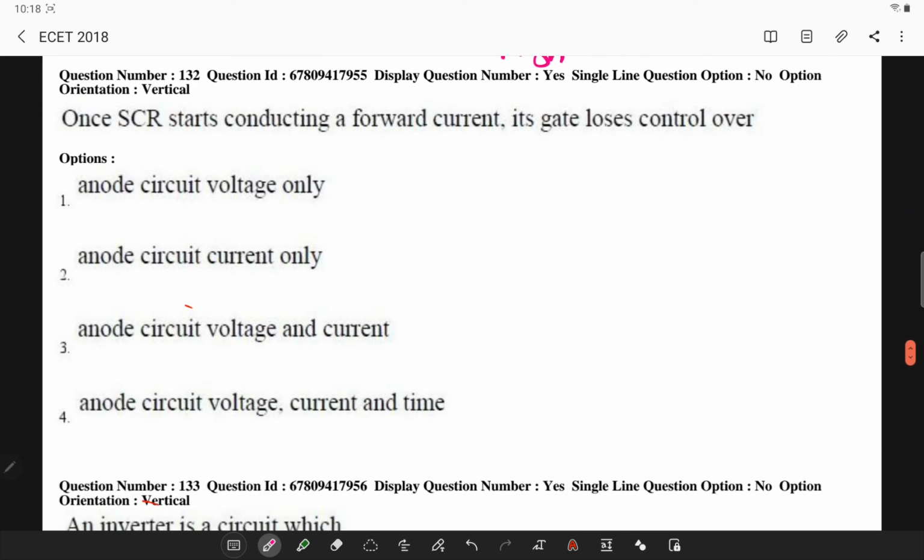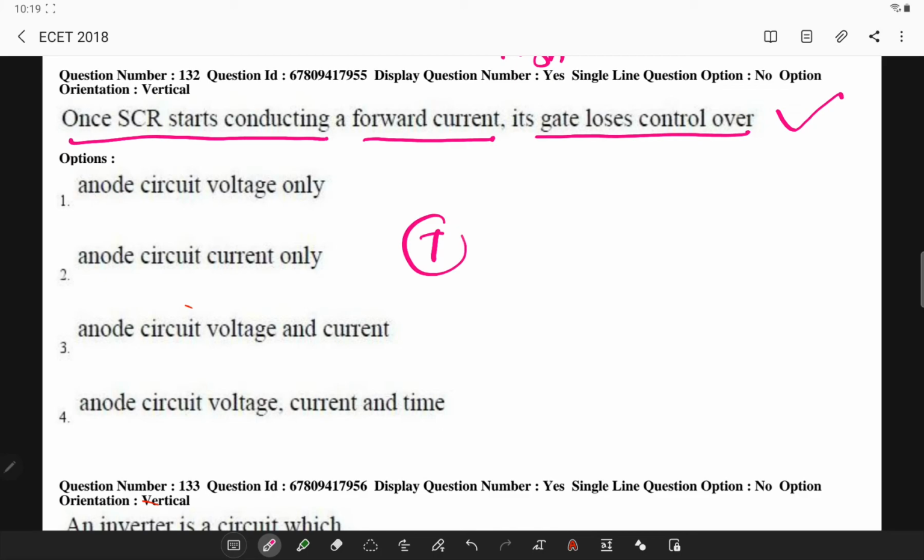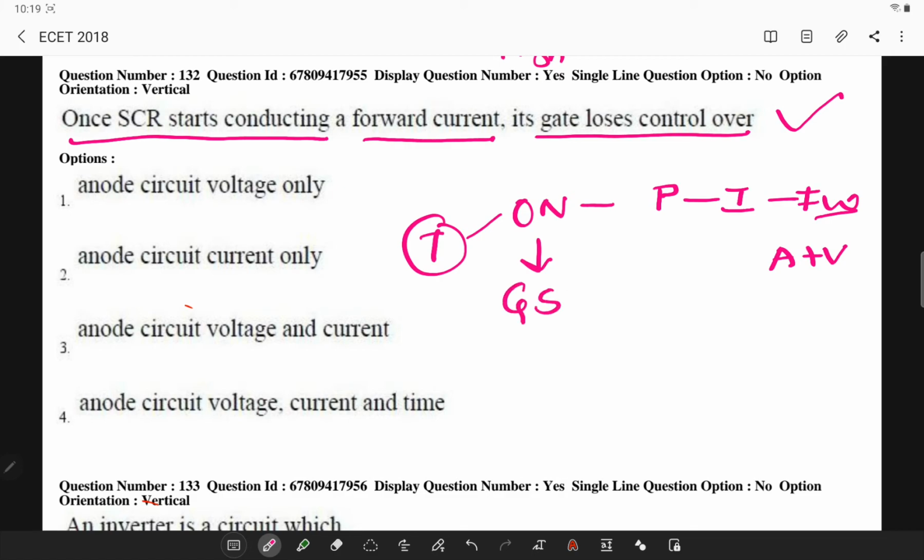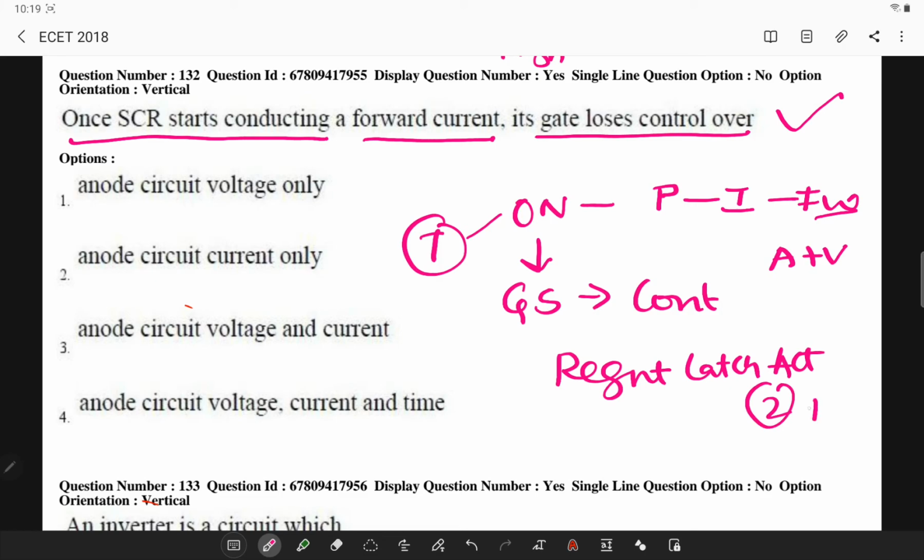Next, once an SCR starts conducting a forward current, its gate loses control over what? Once a thyristor has turned on and is passing current in the forward direction, which means the anode is positive, the gate signal loses control due to the regenerative latching action of two internal transistors.